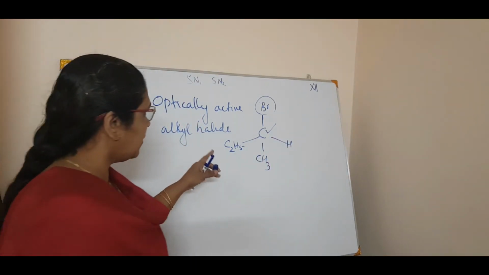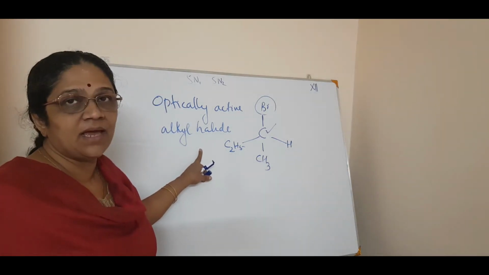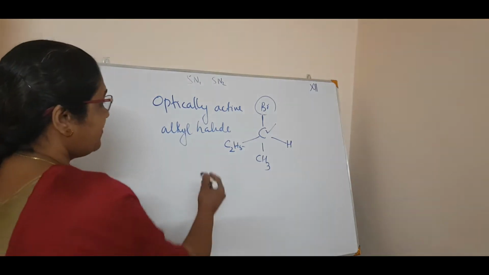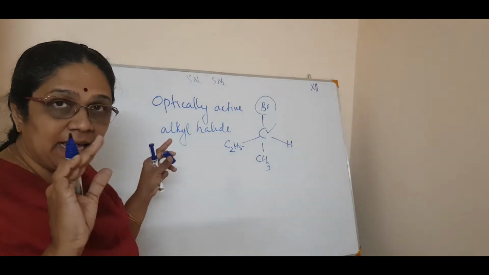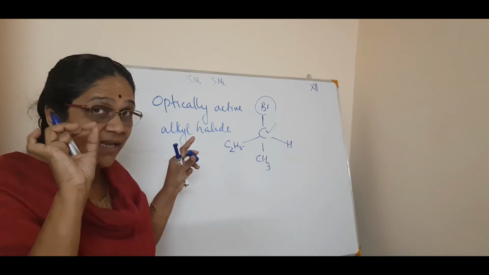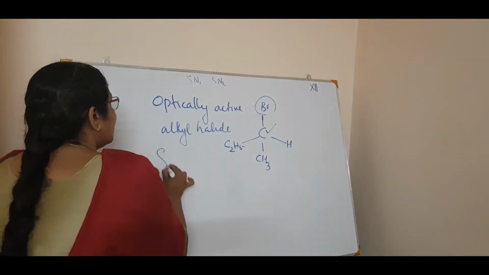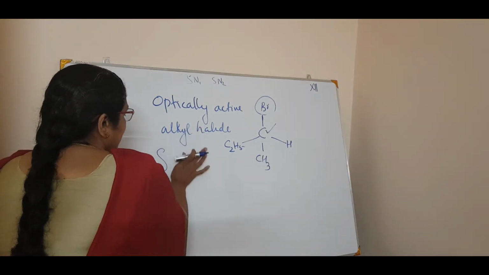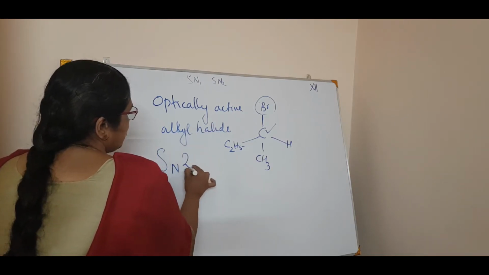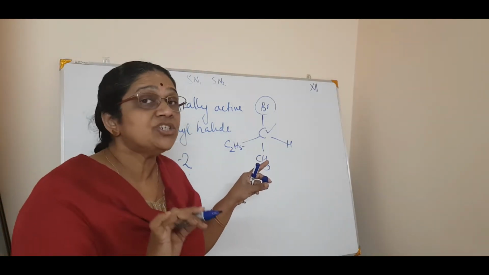Correct? Now, what happens in an SN1 mechanism and an SN2 mechanism? See, if an optically active alkyl halide undergoes an SN2 mechanism, it will result in inversion of configuration.